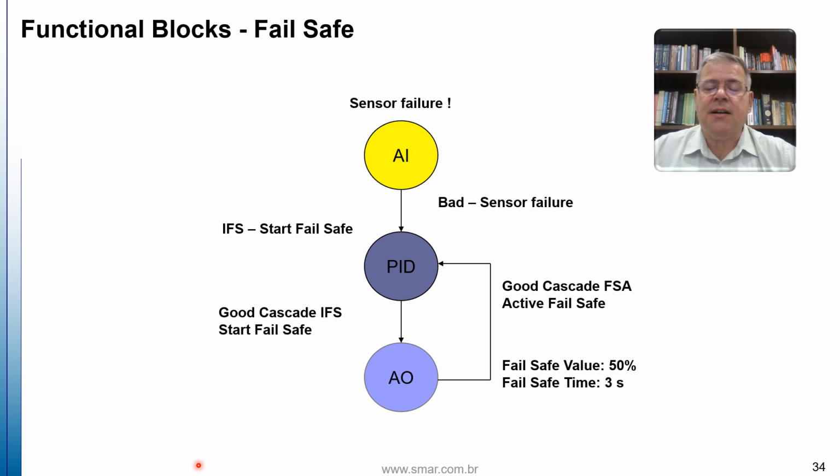Here we have an example of a basic control strategy, where there is an analog input, PID control. Our analog output will control the valve. Thus, when a sensor fails, it serves as an illustration of utilizing the status.